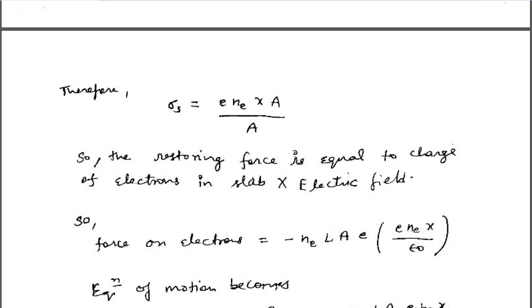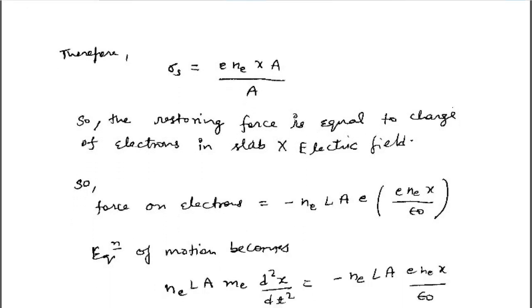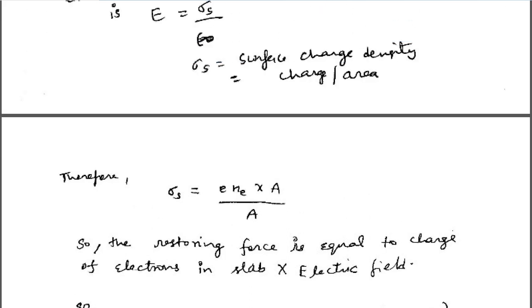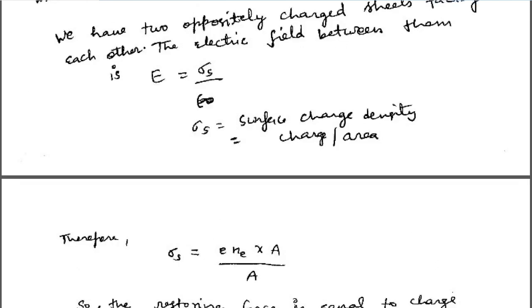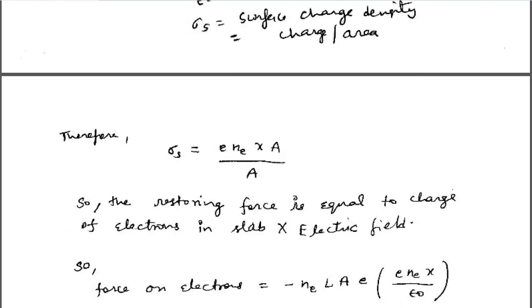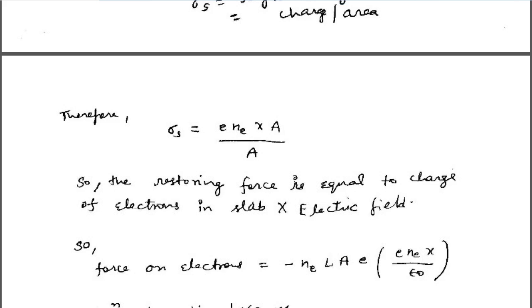So the force on the electrons is minus n e L A e, times e n e x divided by epsilon 0, which is the electric field. A cancels out.